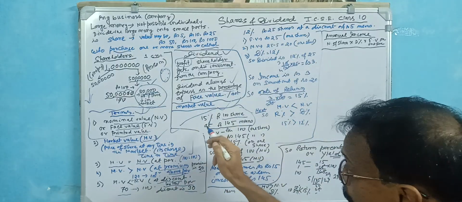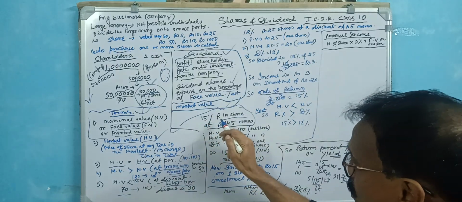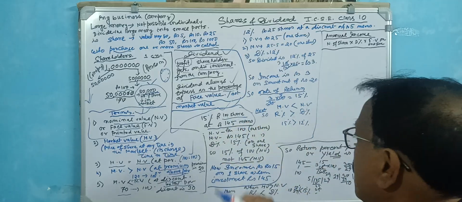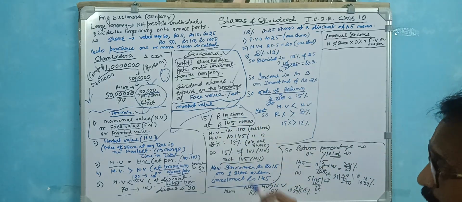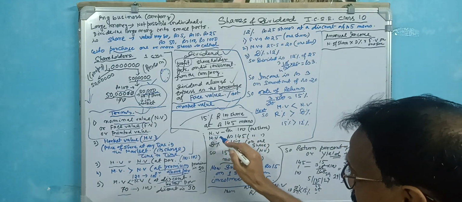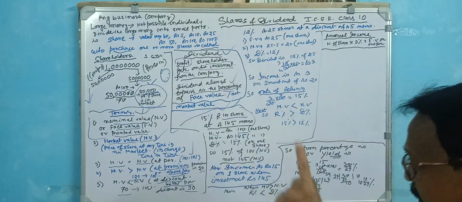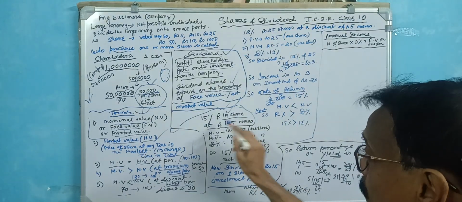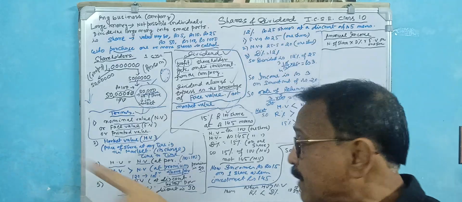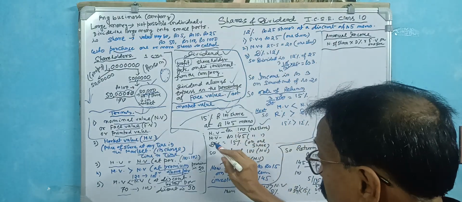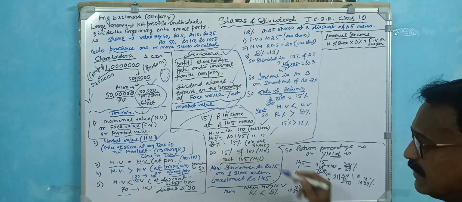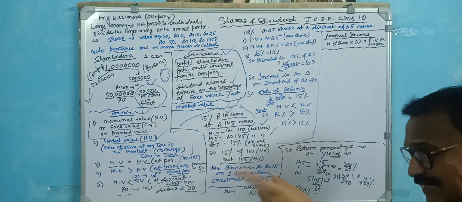So here, 15% of rupees 100 share at rupees 145 means the NV, nominal value, is rupees 100 for one share, always one share. Rupees 100 means the nominal value or the face value is 100, the market value is 145 for one share, and the dividend percent is 15% on one share.